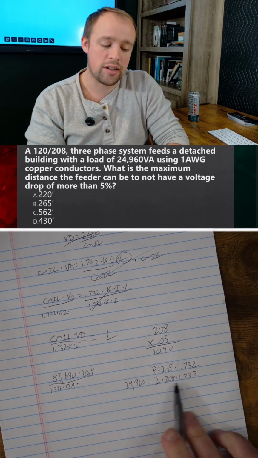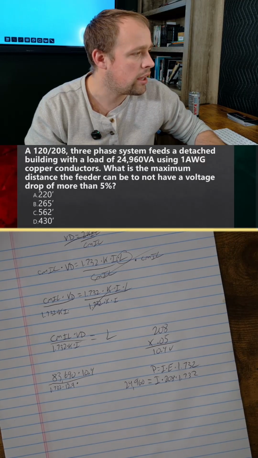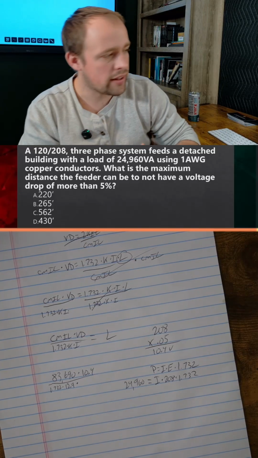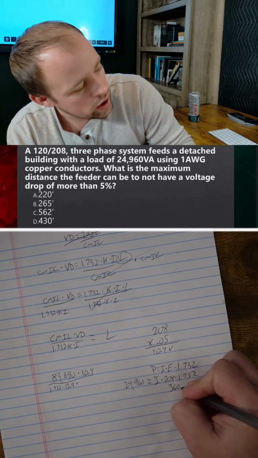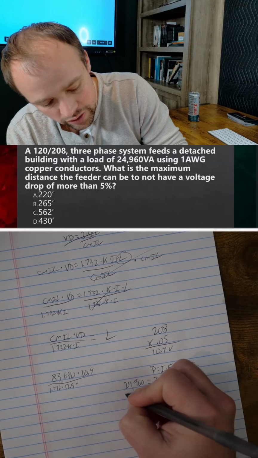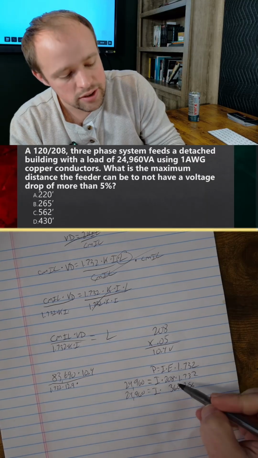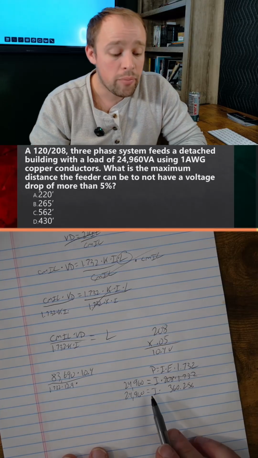Let me simplify this: 208 times 1.732 gives me 360.256. Rewriting this, 24,960 equals I times 360.256.